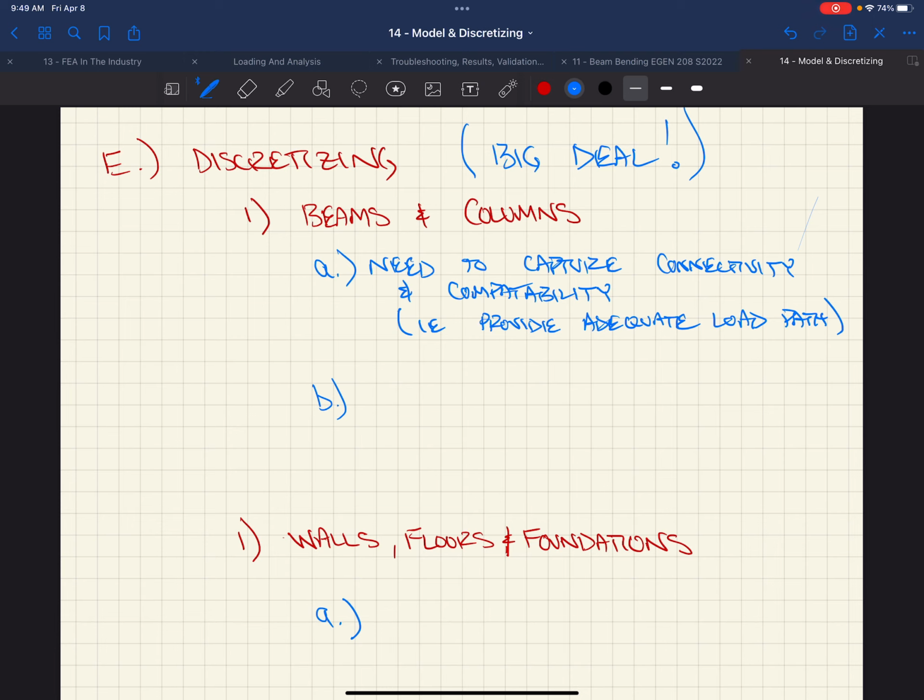We need to provide adequate load path. So when we're picking beams and columns and discretizing them, deciding where each of our individual elements starts and stops, we're doing that in an effort to capture connectivity and compatibility, right?